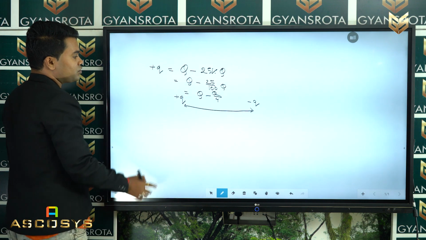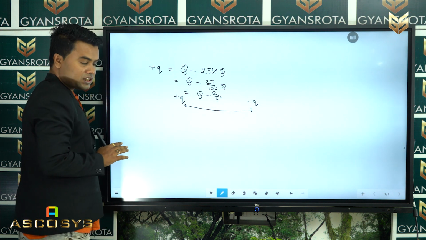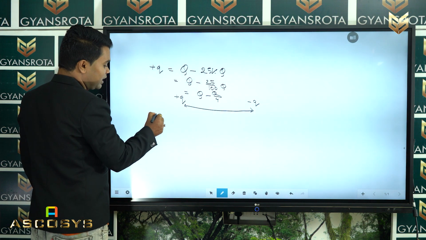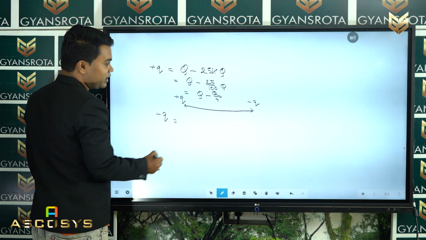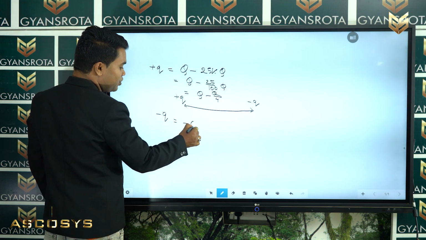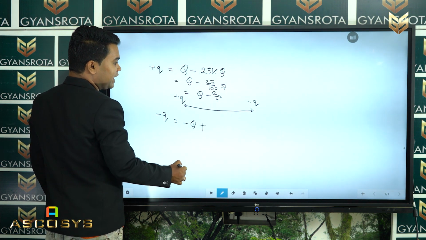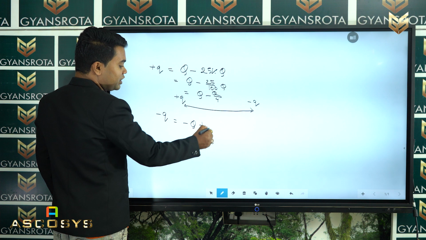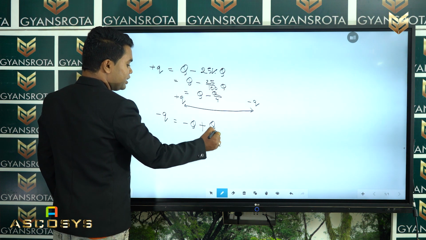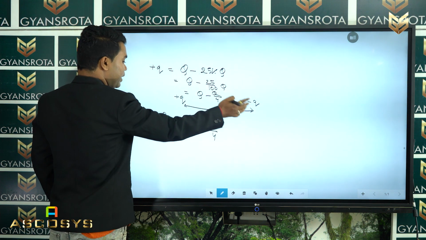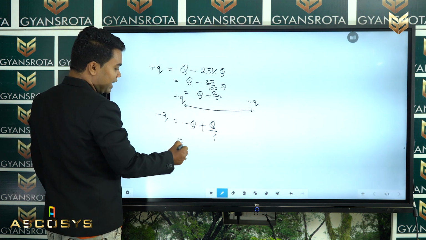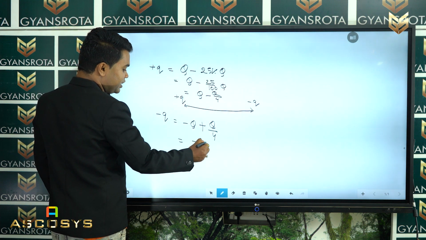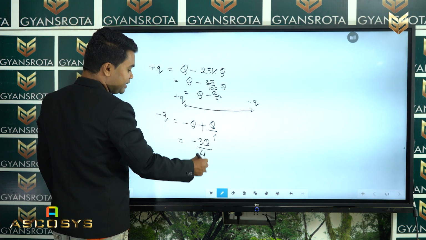So plus q now has this much charge, and minus q, which already has minus q, will get an addition of q by 4. So this one will have minus 3q divided by 4.